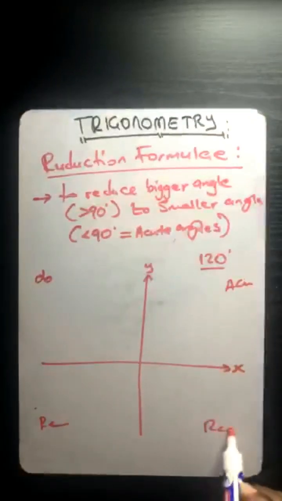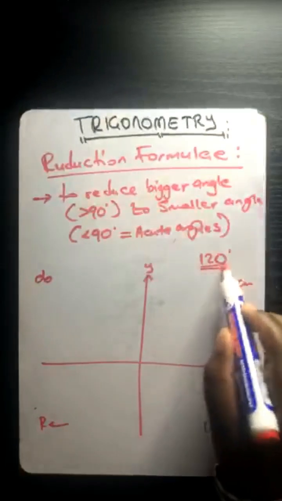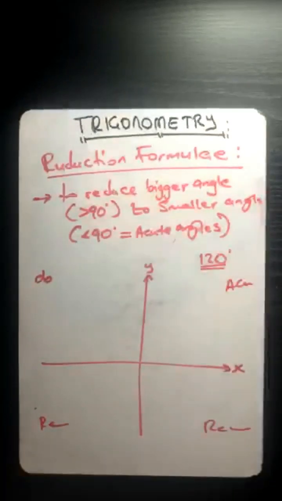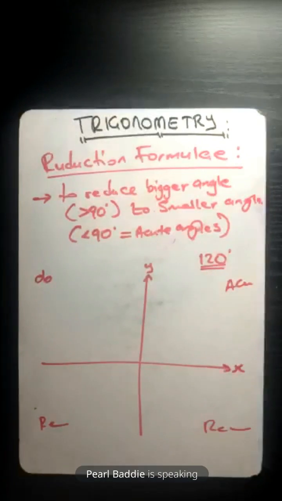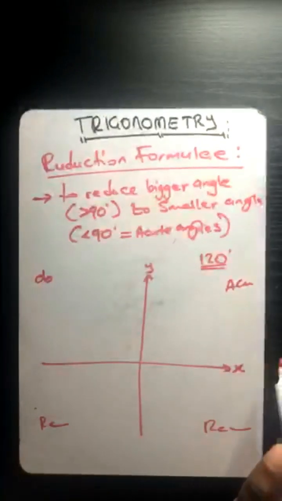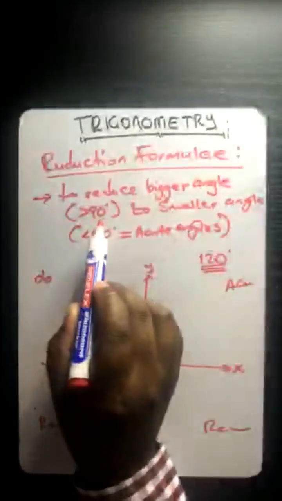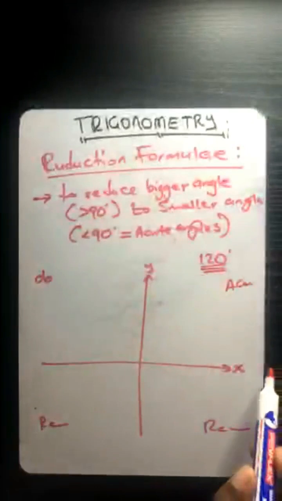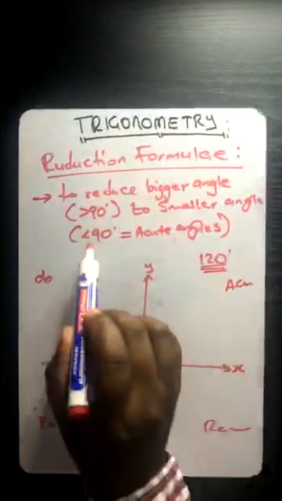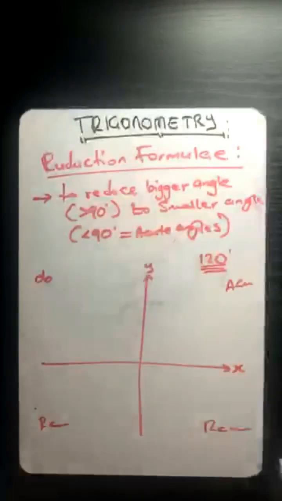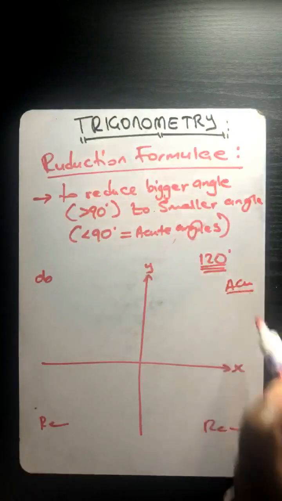Reflex angle or revolution? It's an obtuse angle, sir. 100%. Is it bigger than 90? Yes. So that means we need to reduce it. We reduce it to what? To an angle which is less than 90, which is an acute angle.